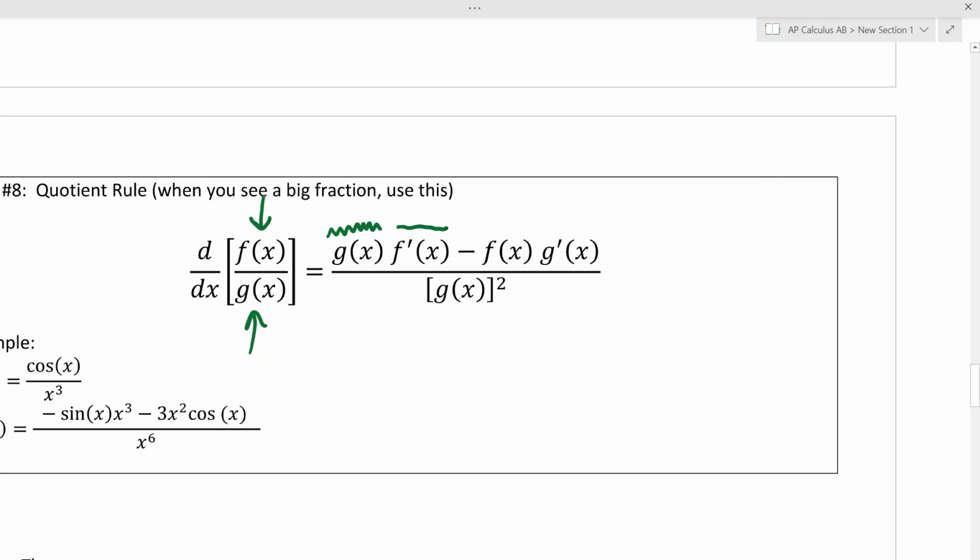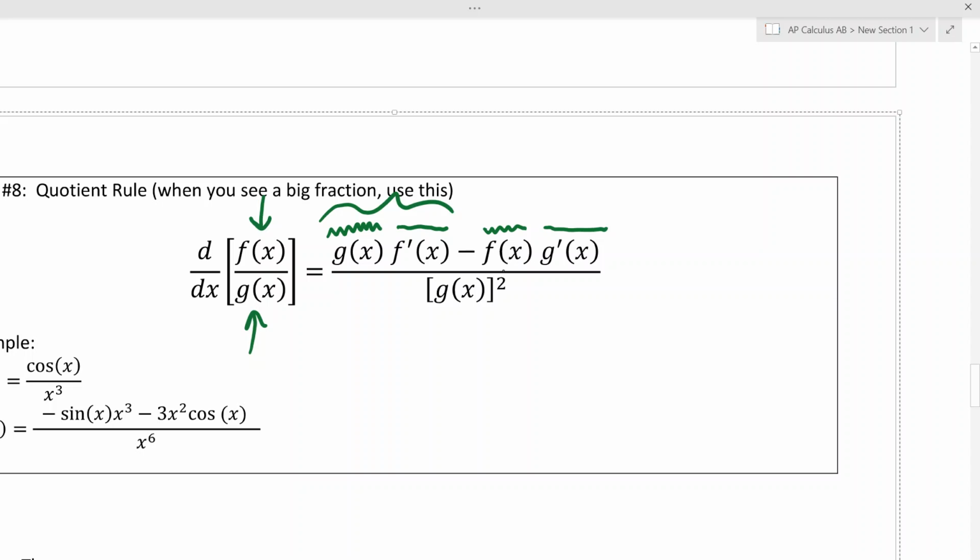And instead of a plus in the middle, you get a minus. Same thing as the product rule, you leave the first, derive the second. Now the order matters, okay? In the product rule, it doesn't matter which one you derive first. But in the quotient rule, you have to derive the numerator first and leave the denominator as your first piece right here, okay? And that all goes over the denominator squared.